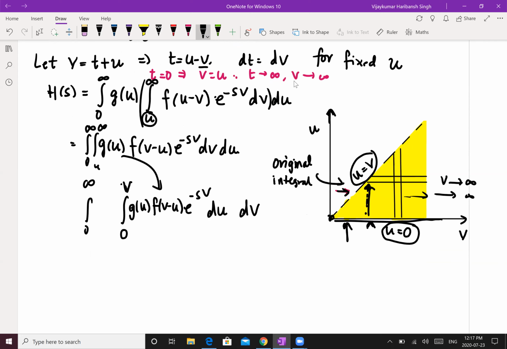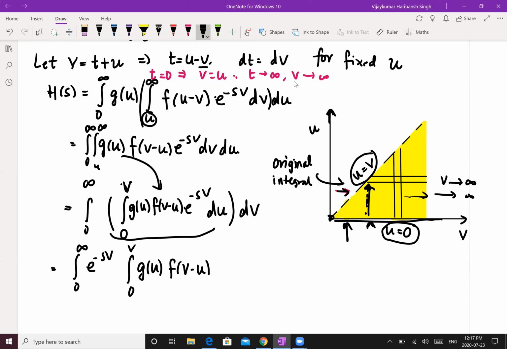This will be 0 to infinity e to the power minus sv, because the inside integral is with respect to u, so v is a constant and can come out. Then 0 to v g of u f of v minus u du, and then the whole of this dv.